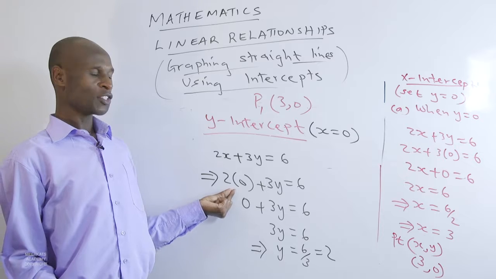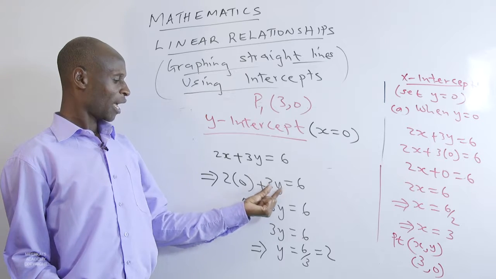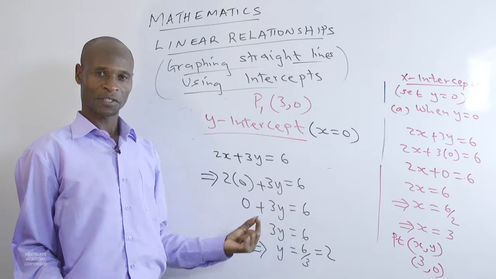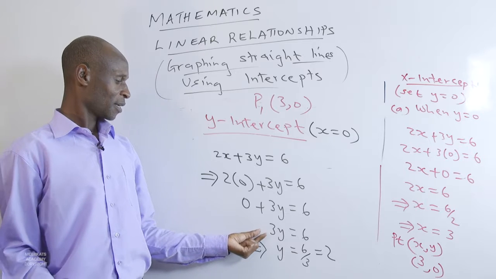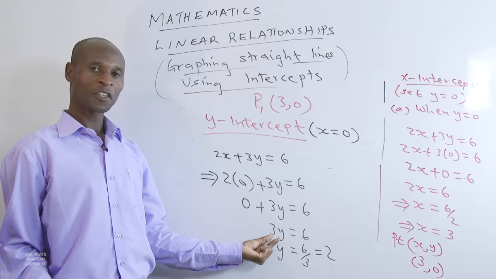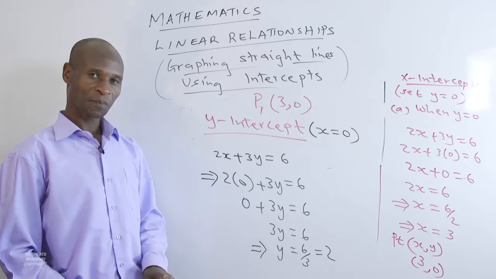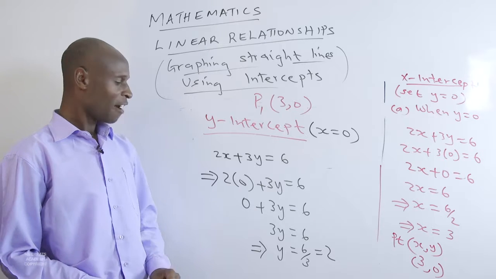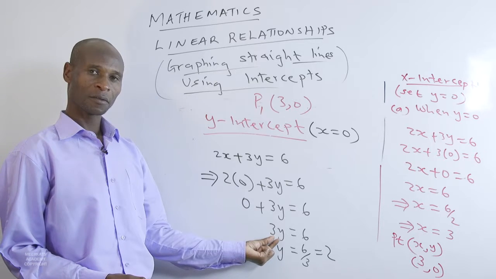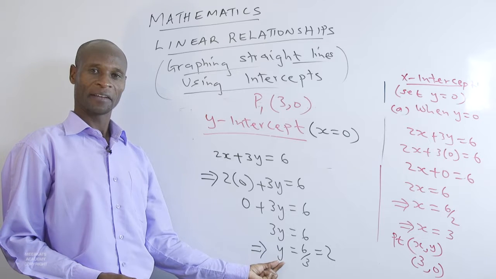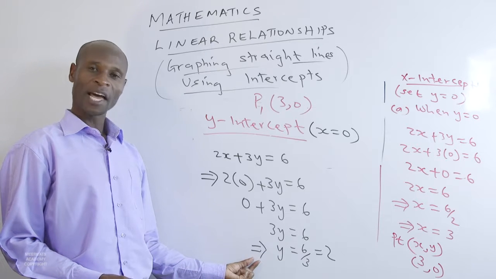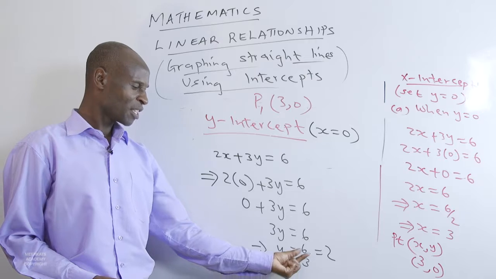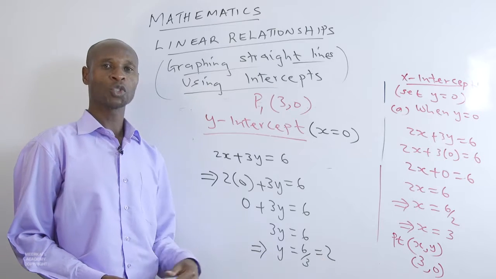So 2 multiplied by 0 is 0, plus 3y is equivalent to 6. That means we are left with 3y, which is equivalent to 6. We therefore divide both sides by 3 so that we remain with y. That implies that the value of y will be 6 over 3, which is equivalent to 2.